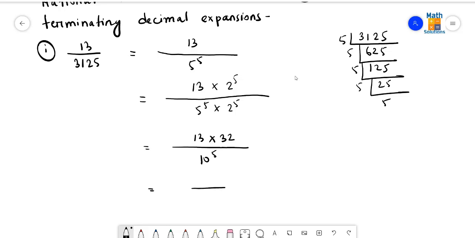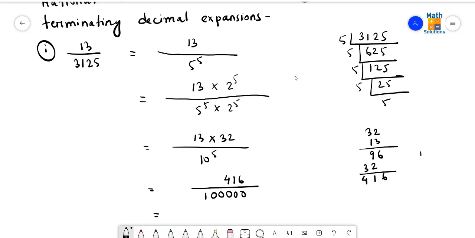So while performing multiplication, 13 times 32, I get 416 in the numerator part. Then if I split up the denominator I get these forms. Actually 5 zeros should come after 1. So this is the form.